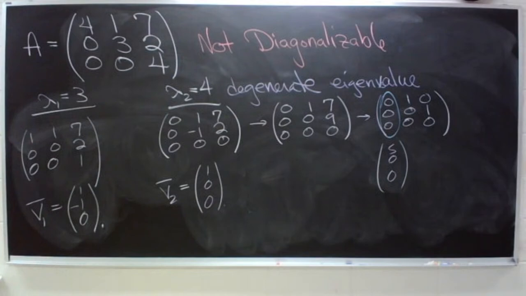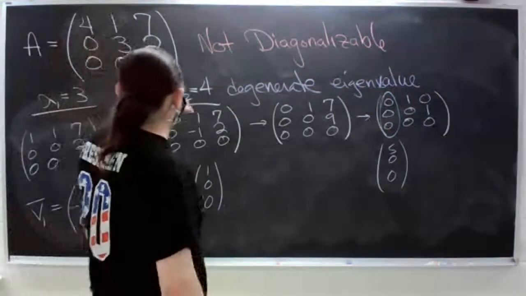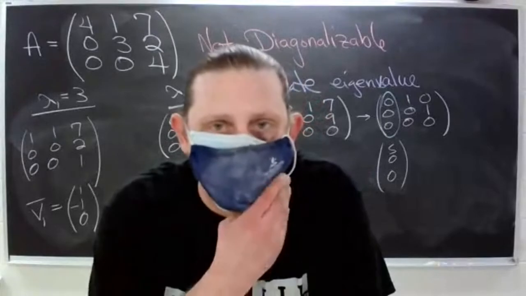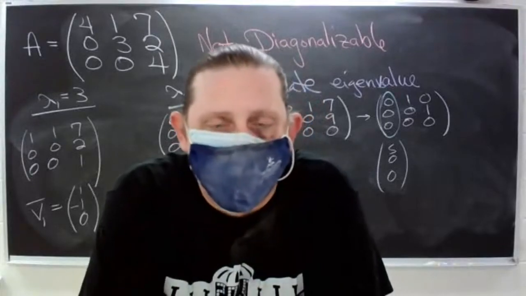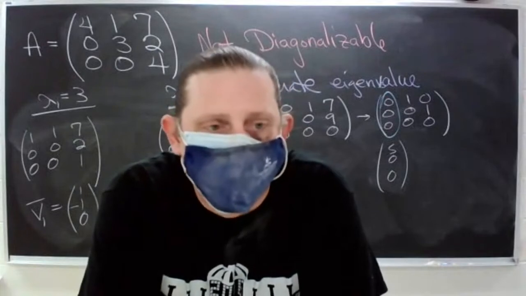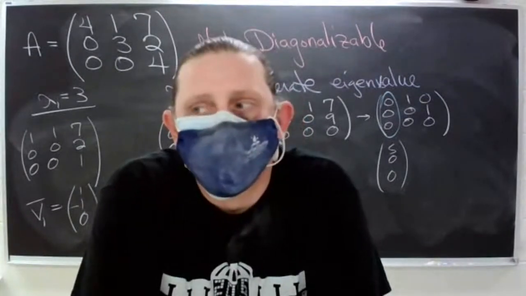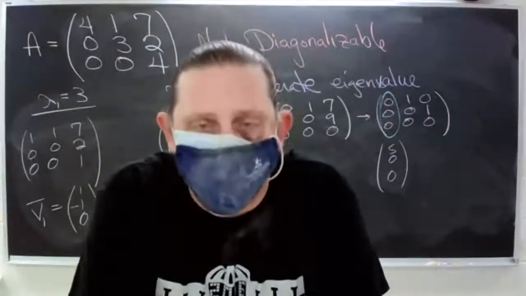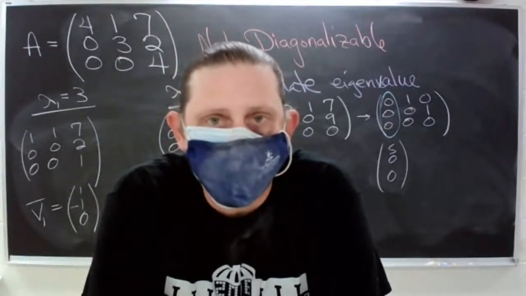Now, as we've seen here, a degenerate eigenvalue can fail to live up to its claim. If it has multiplicity 3, then it's claiming to be worth 3 linearly independent eigenvectors.